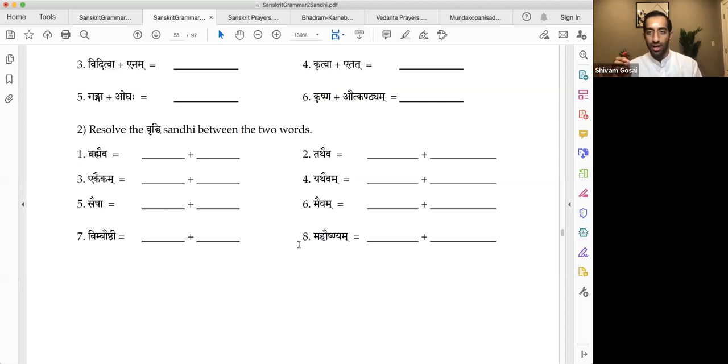So it can be Maha Oshnyam, or it can be Maha Oshnyam. And here is maha aushnyam, AU. That's just the word aushnyam. Oshnam means heat. So maha aushnyam, great heat.